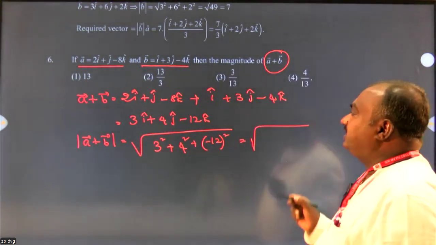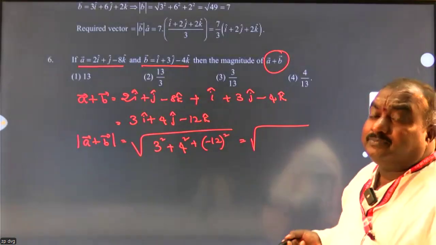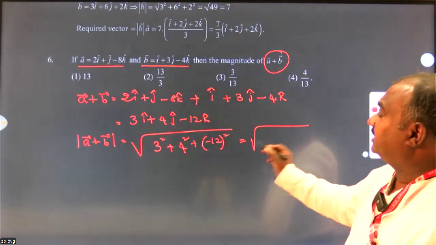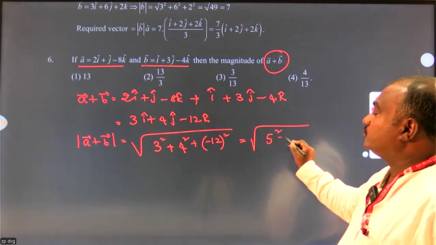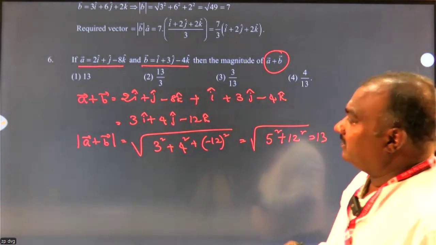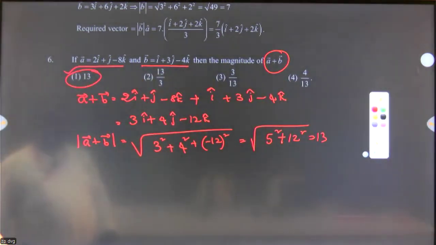Almost always they give problems for our convenience, because we have to complete within the stipulated time. They will give mostly Pythagoras triplets. Here you are getting 5 square plus 12 square, that is nothing but 13. So the answer is 13. This is the correct answer.